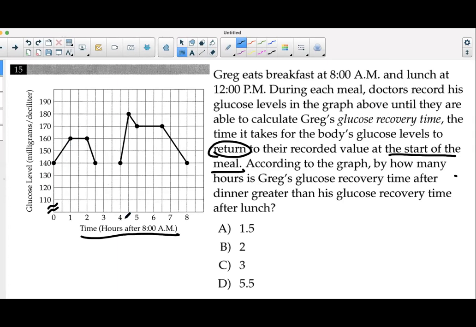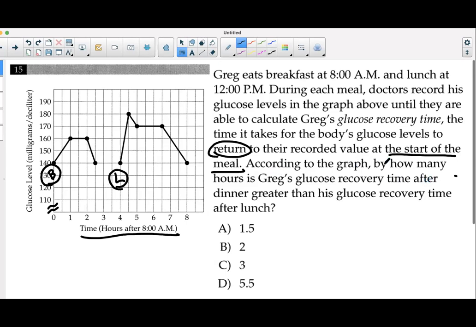Because 8 o'clock in the morning is the breakfast, and then 4 hours after 8 a.m. is the lunch. And then 1, 2, 3, 4. So that's about it. I don't have any other information about dinner, so I think they probably made a mistake in the wording.